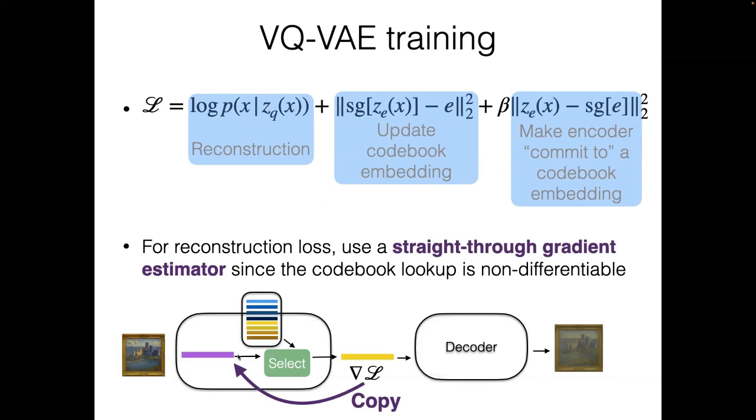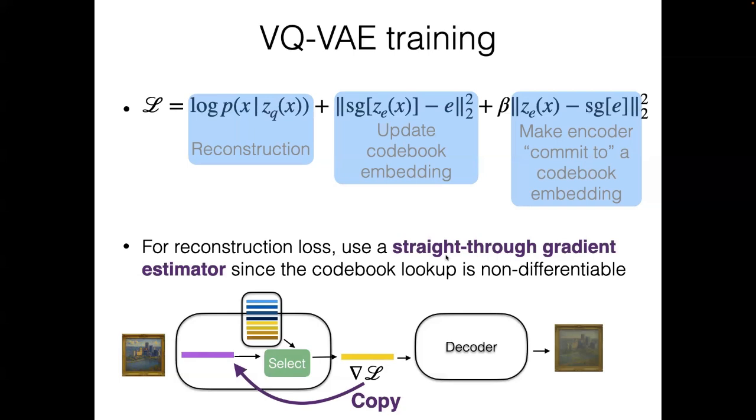Then if you look at this for a while, you'll notice that this selection operation, looking up the closest embedding, isn't differentiable. So they use this gradient estimator, which is called the straight through estimator. What it basically means is you take the gradient from this output here, and you just use it for the gradient of this embedding.